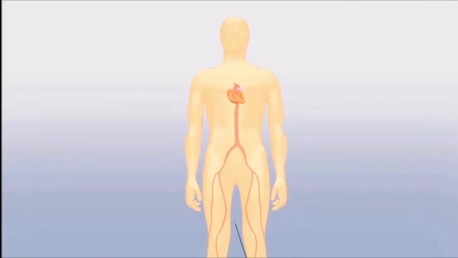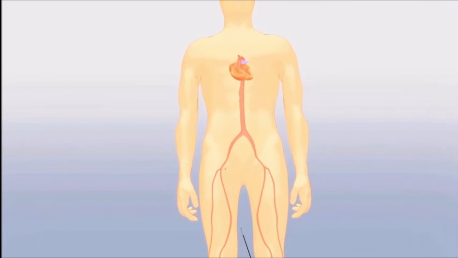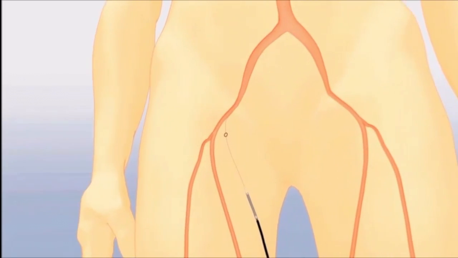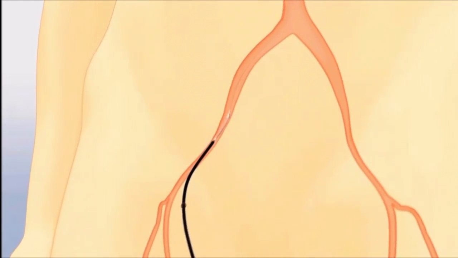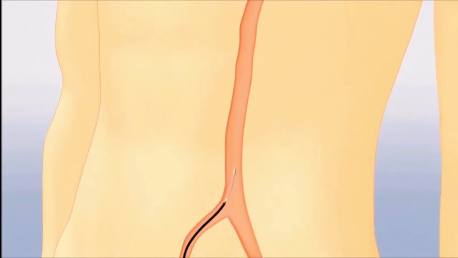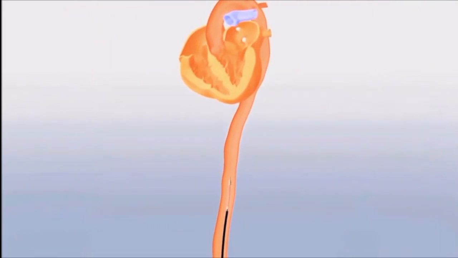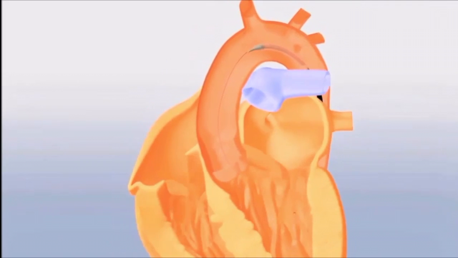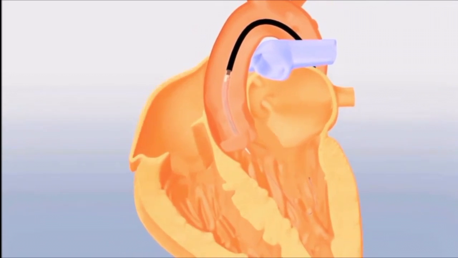In the procedure, a physician makes a small incision and inserts the device, which is less than 1/4 of an inch wide, into the artery in the leg. It is then guided through the arteries to the site of the narrowed aortic valve in the heart. Its small delivery system makes it possible to treat patients with a vascular system that is small or difficult to navigate.